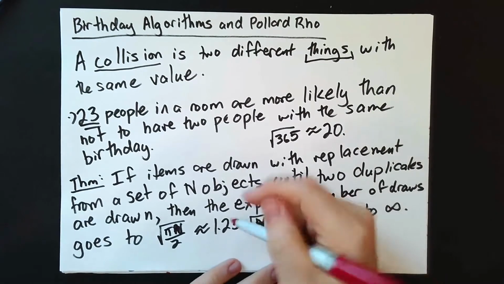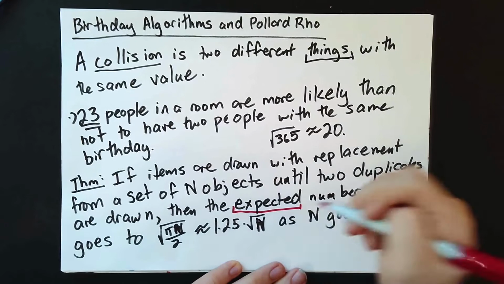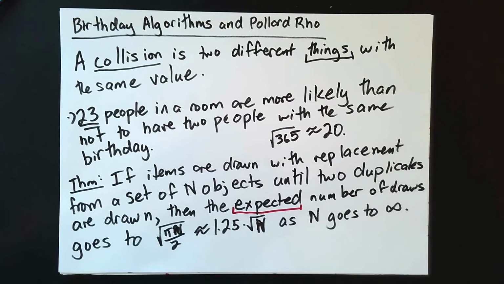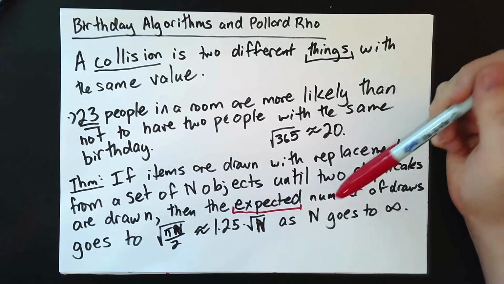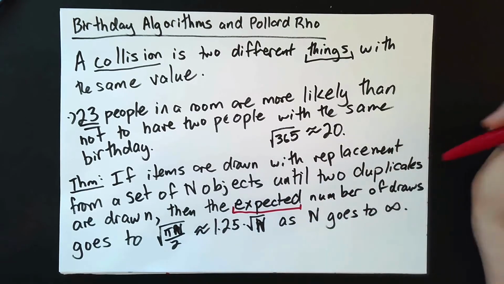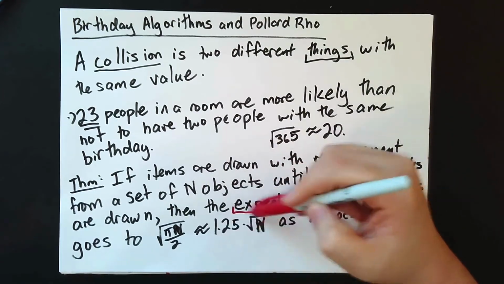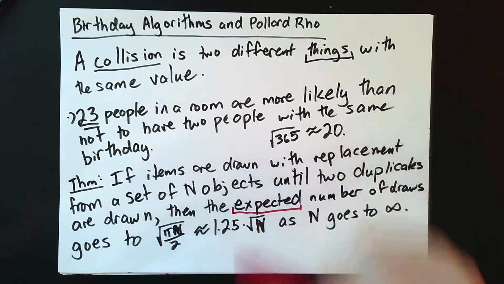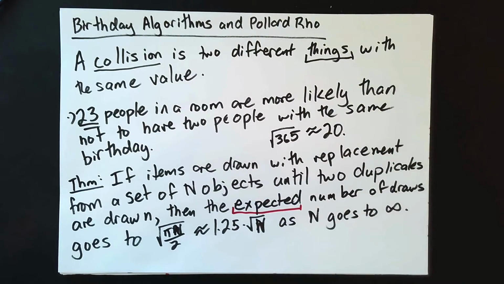Now, I should note this expected here is in the probabilistic sense, meaning basically that if you did this a billion times and took the average of how many draws it took, this is the number you would get. So this number, for example, is definitely irrational. So when you say you expect to take that many draws, you're not saying that because it's always going to be an integer.